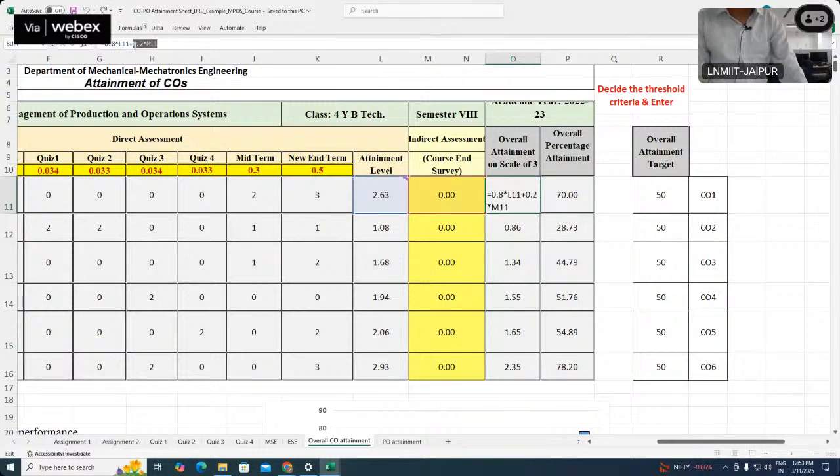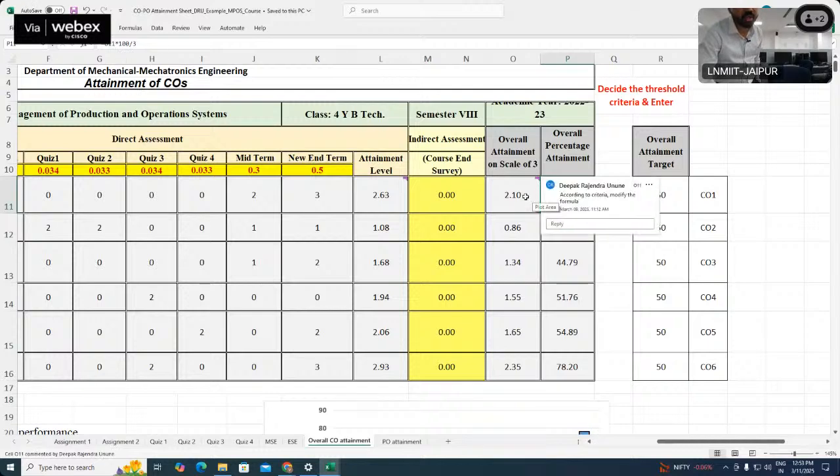It depends upon how you are calculating. And then I have converted into percentage values. Here a simple formula is applied: O11 divided by 3, because we are converting the scale of 3 into 100.